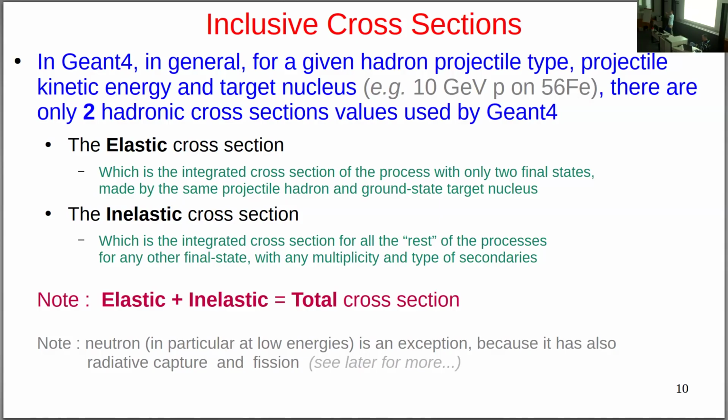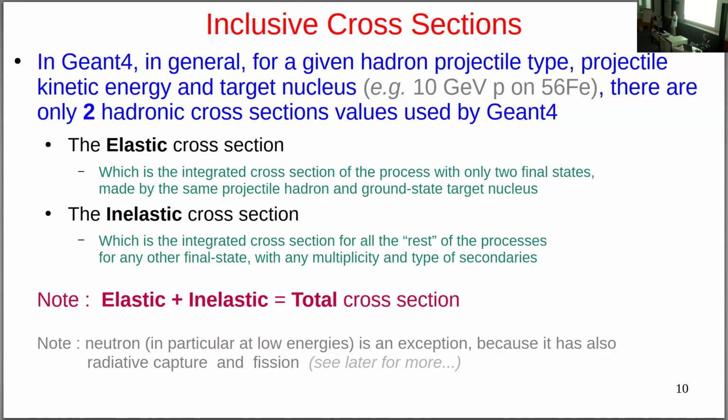In the final state, the target nucleus is excited. So this is part of the inelastic. So quasi-elastic is part of inelastic. And what is inelastic without quasi-elastic? Sometimes it's called production, because you really produce new particles, like typically pions, for instance.